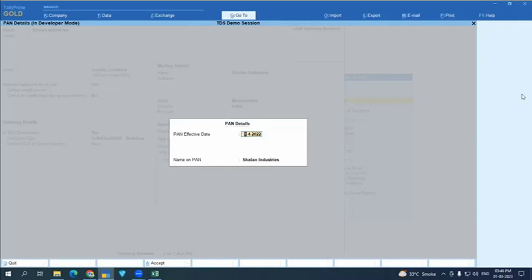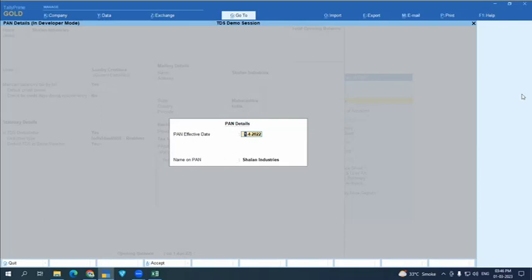What happens? Suppose the party is having a PAN number, but in between the year, in April he crosses the limit and in May he does not have a PAN. So we deduct TDS at 20%. And in June or July, he knows that TDS is deducted at the higher rate, so he has to apply for PAN and he is now providing you the PAN details.